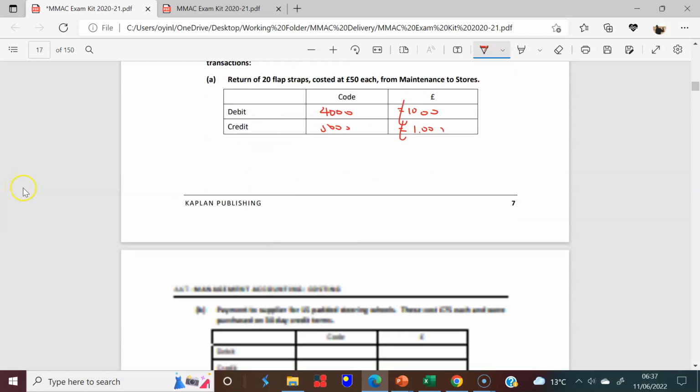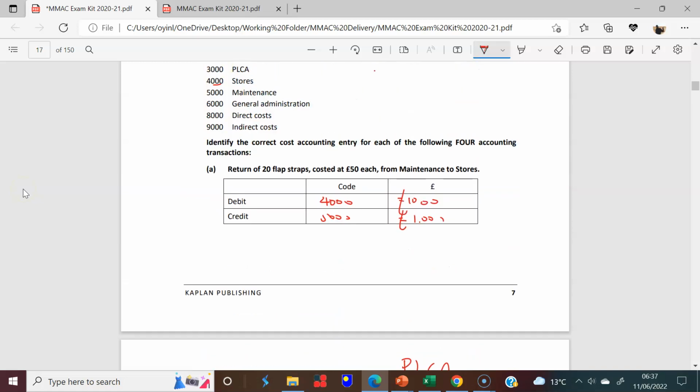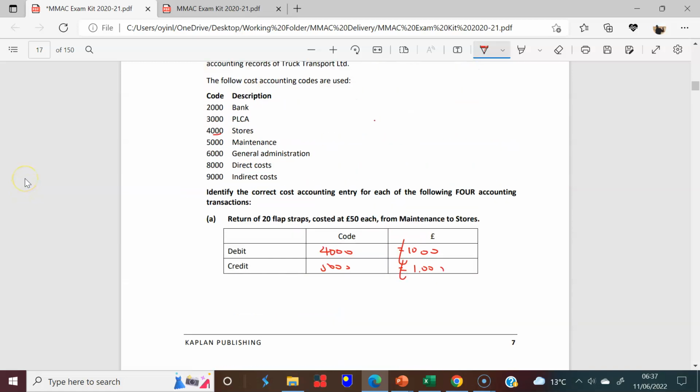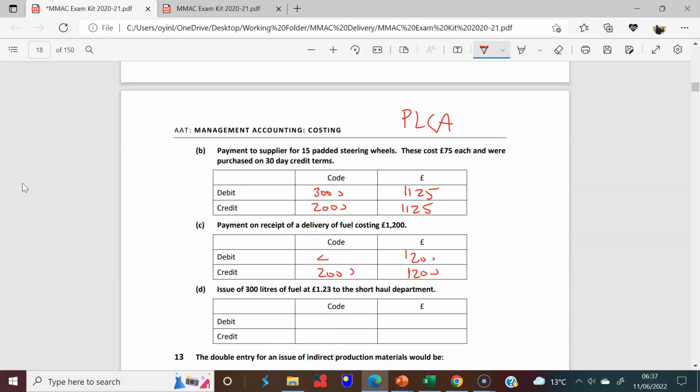So let's deal with the bank first. That code is 2,000. But of course, we are receiving into our stores some fuel. That's what's happening here. So into our stores department, we are receiving into the business fuel coming in.